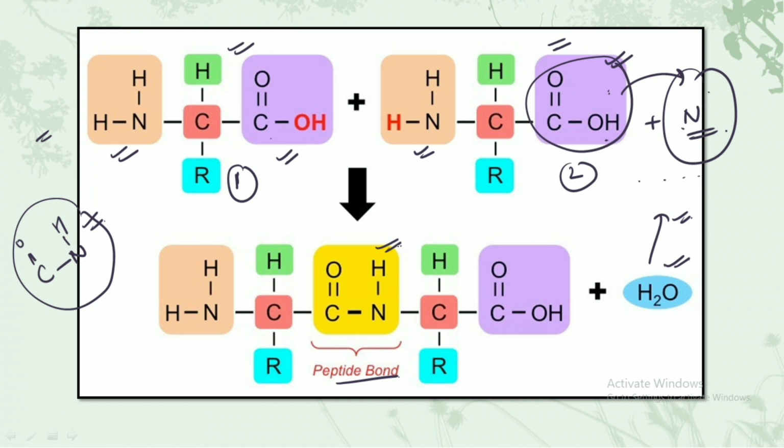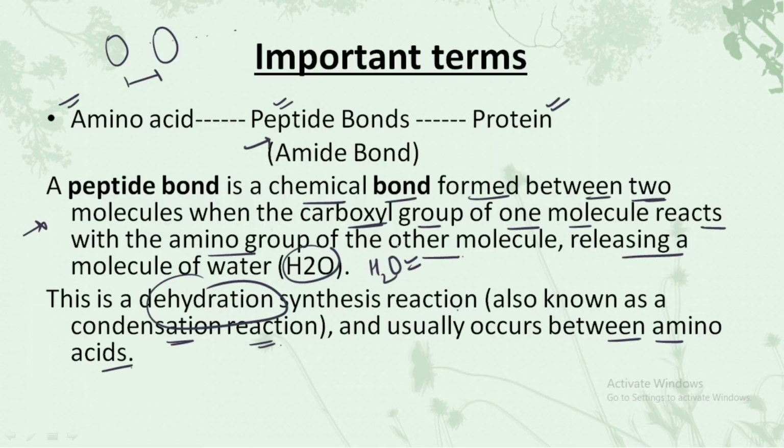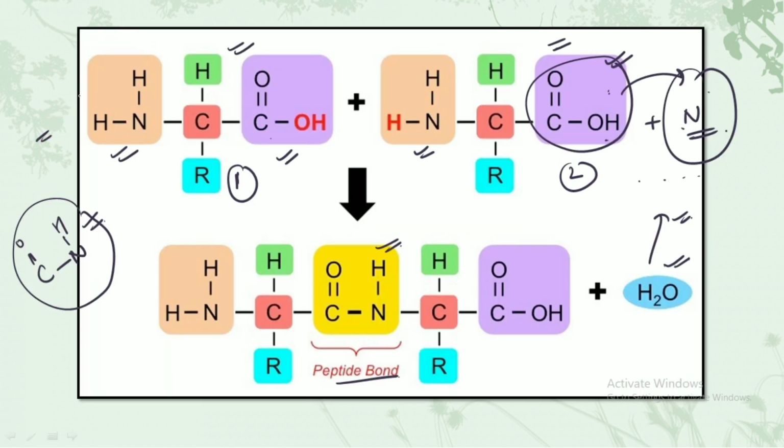So this is how a peptide bond helps in forming proteins by the linkage of various amino acids in a particular fashion, as we have just discussed. So this was the first basic thing that you have to understand.